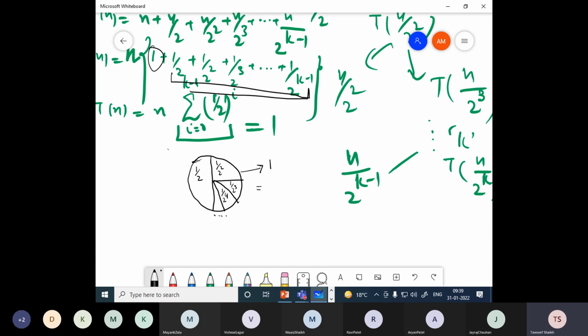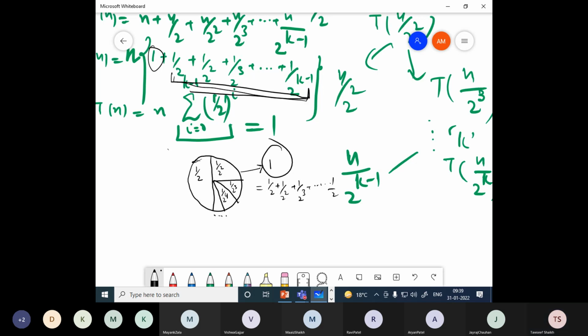But if we now sum up all those little parts, 1 by 2, 1 by 2 square, 1 by 2 cube, going on to the power k, it should be equal to 1 because these are the little parts of the whole circle. The summation will end up at 1. So this is the sequence here also.